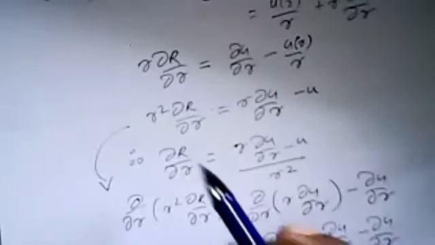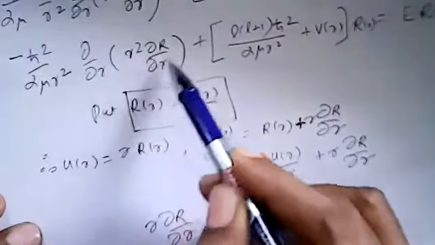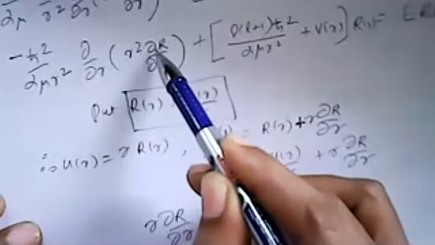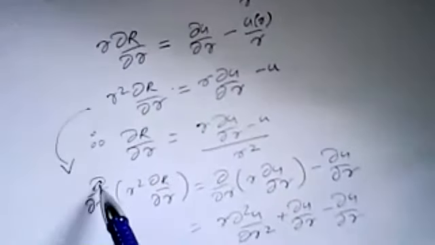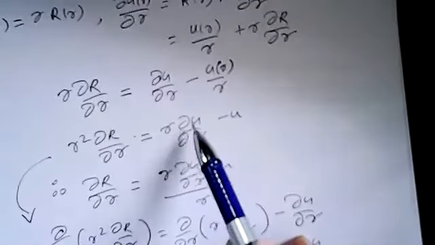Now in the above equation, you can simplify this term: dou by dou r of r square dou capital R by dou r. That is nothing but r dou u by dou r minus u.